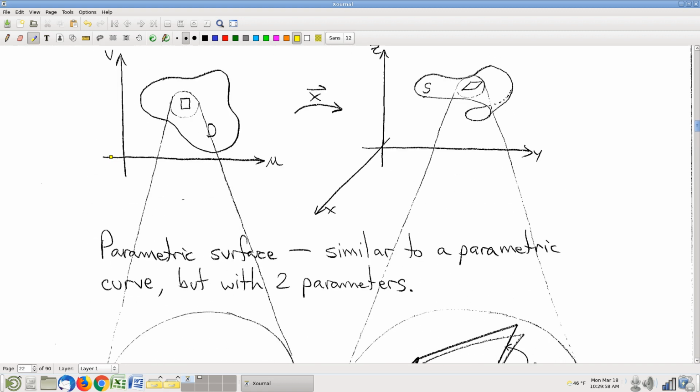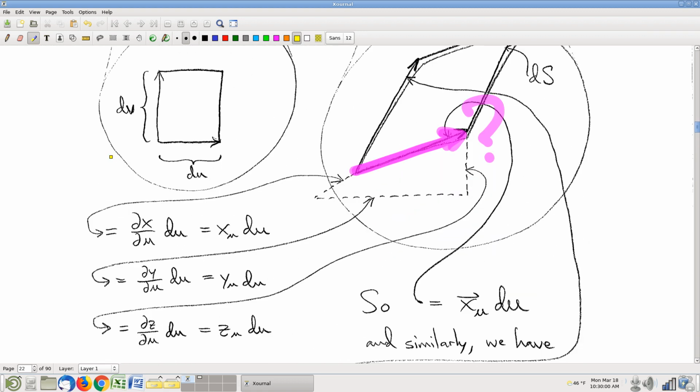But let's think about the coordinates of this vector. Here's the x coordinate. That x coordinate says, as I move as described, don't forget we're moving in the u direction by an amount du, how much does the x coordinate of the output change? There's that little calculation. This partial derivative says I'm going to hold v constant and move in the u direction, as I am here, and I'm going to move in that direction by an amount du.